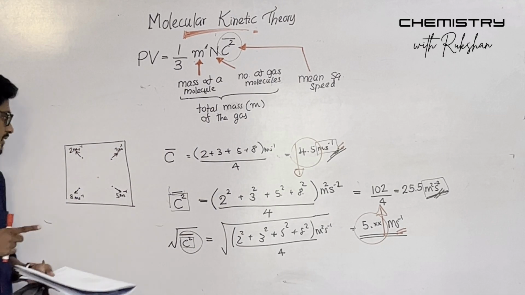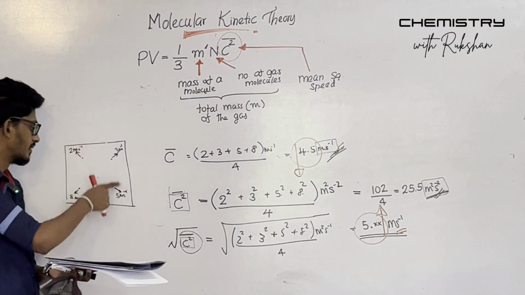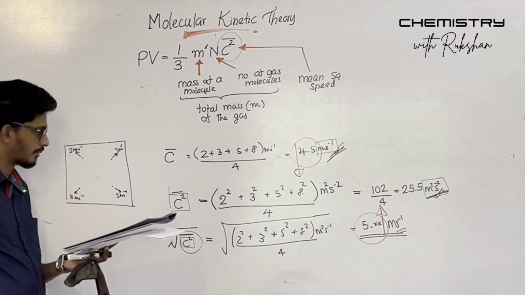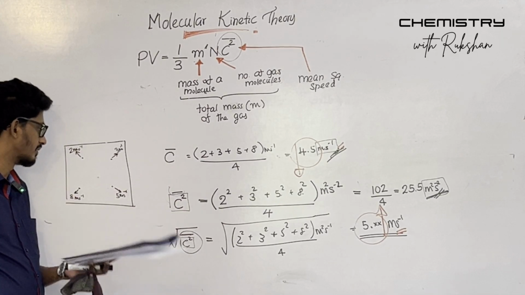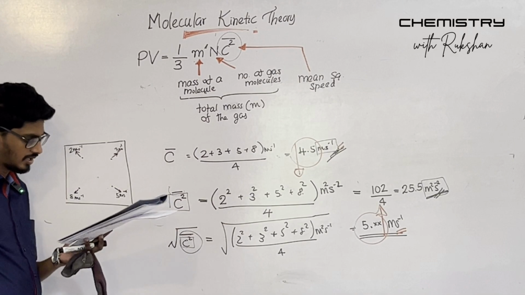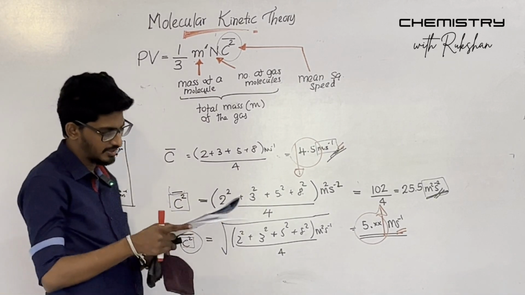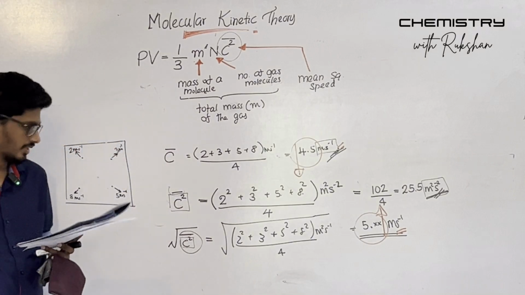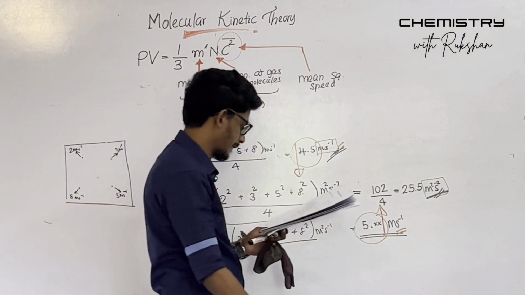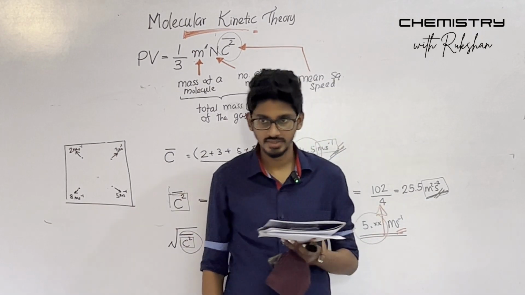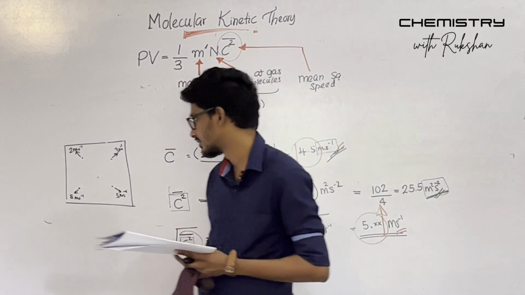You can take these values as C1, C2, C3 and C4. Number of entries, that means capital N is equal to 4, right? Like that. So mean square speed and the root mean square speed, all the things have been defined using some symbols, right?